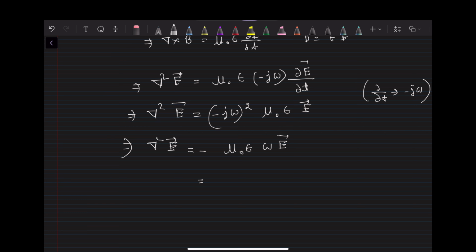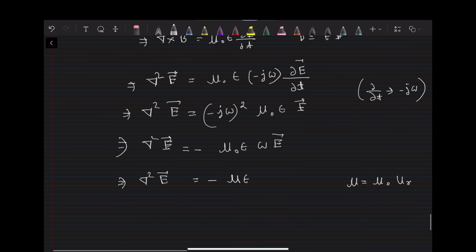This part you might already be familiar with; we used this expression earlier. We can write mu as mu naught. This is because mu is mu naught times mu r, and mu r is 1 for us, right?